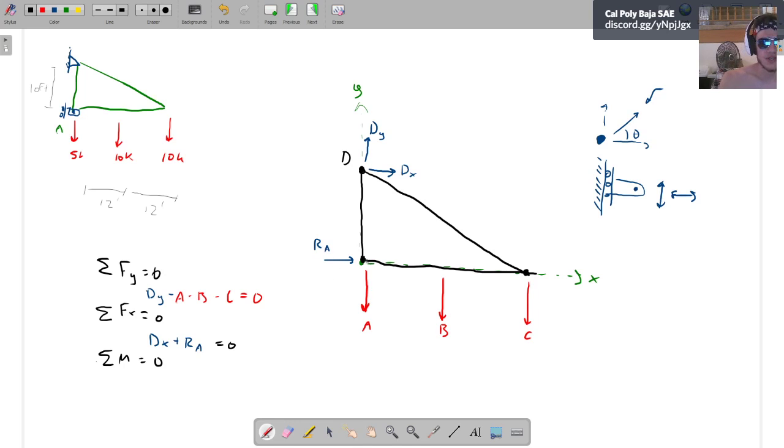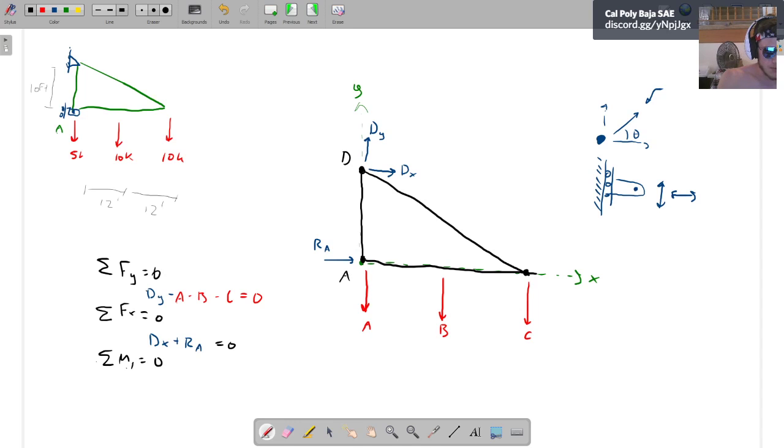If I do the sum of the moments around RA, then we're down to 3 forces, and 2 of them are known, so we also get Dx for free. If I take the sum of the moments about here, then I have to worry about 4 forces, and 2 of them are unknown. So I think we should take the sum of the moments about point A here.